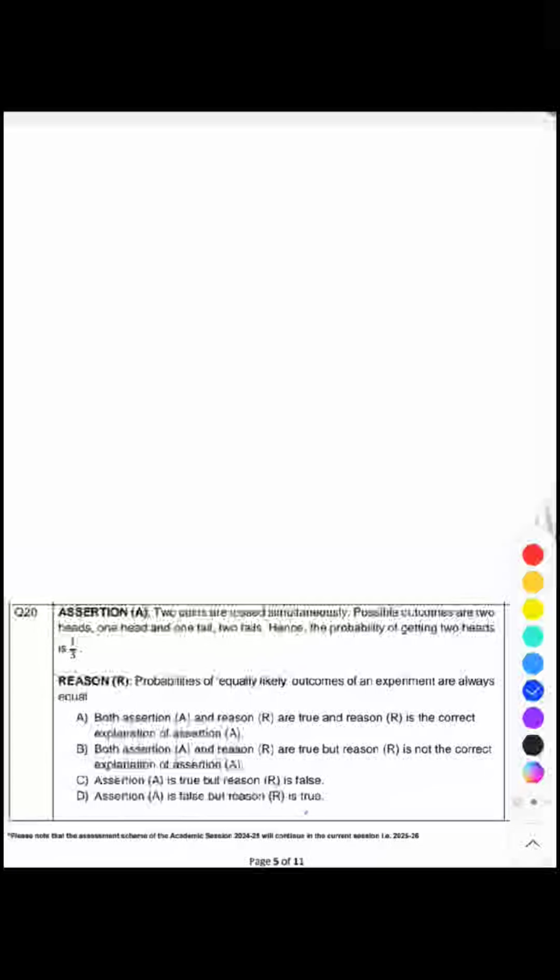If two coins are tossed, so what is the two coin toss sample space?